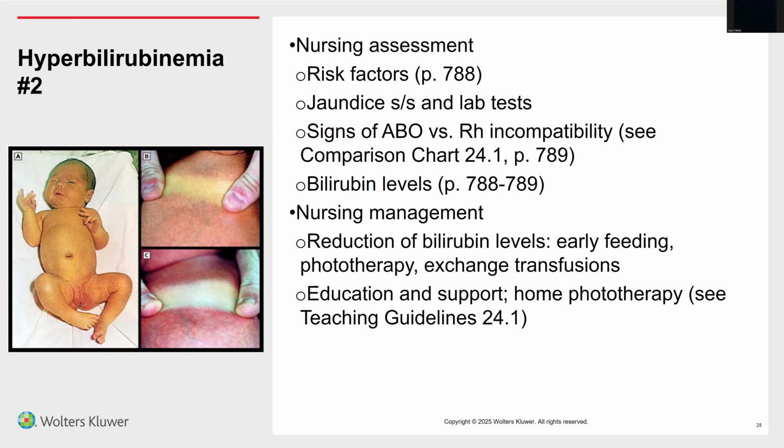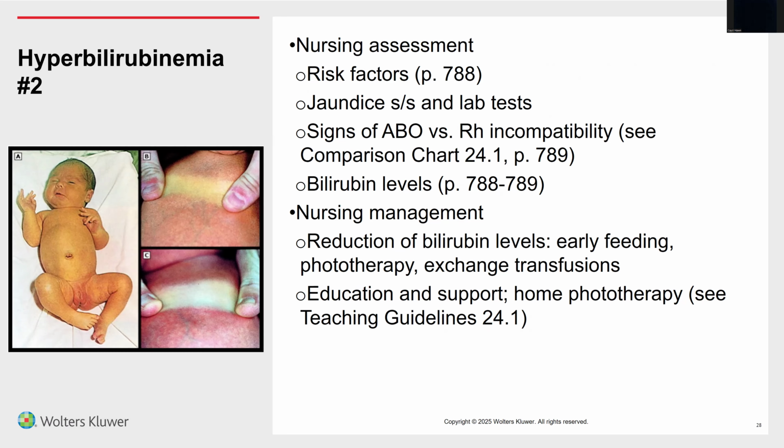We look at the hemoglobin concentration to check for anemia, the total serum protein to detect if there's reduced binding capacity of albumin, the reticulocyte count to help identify if there's increased hemolysis occurring, because if there is, it's going to show as an elevated level. Transcutaneous bilirubin level is a non-invasive, instantaneous point-of-care testing that is ordered by the provider and completed by the nurse.